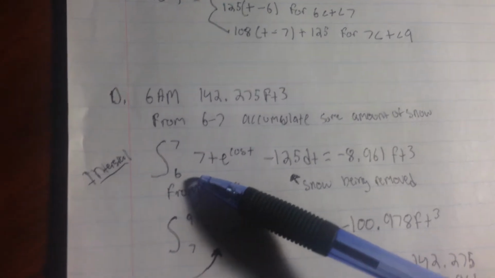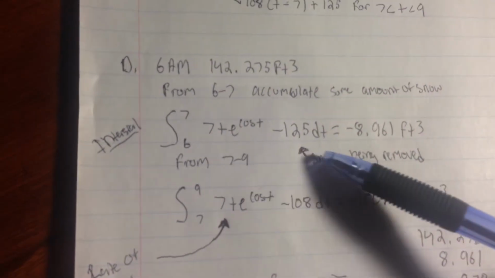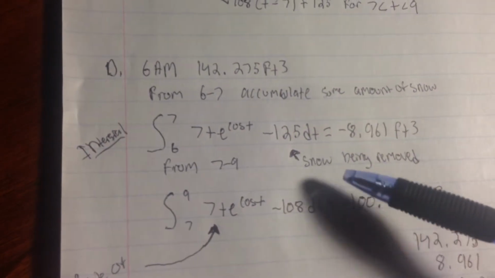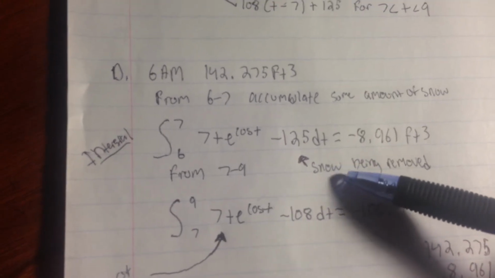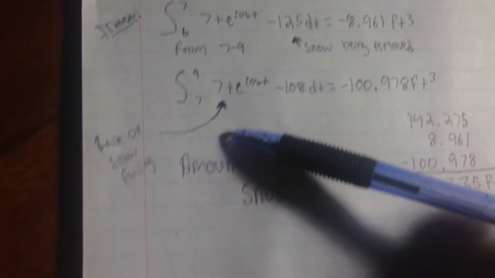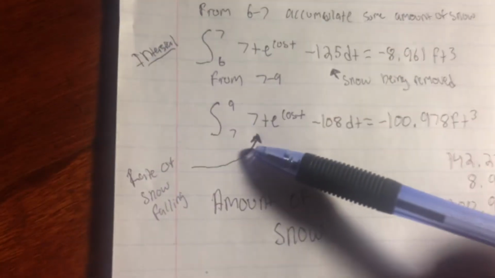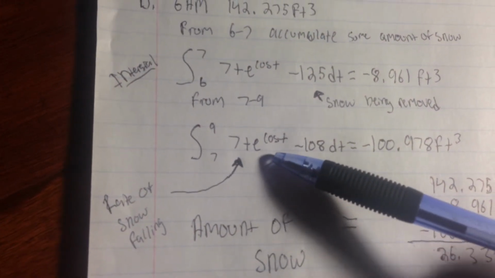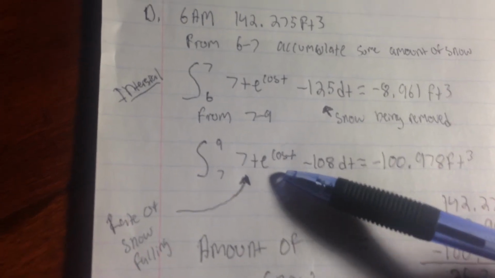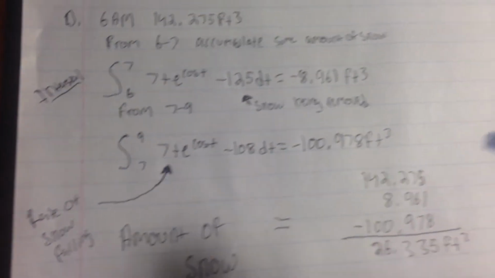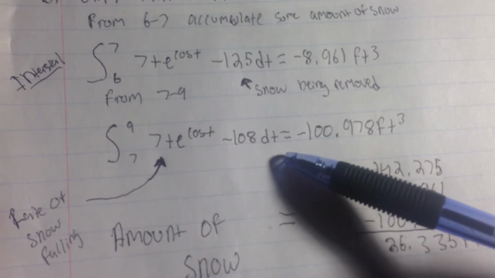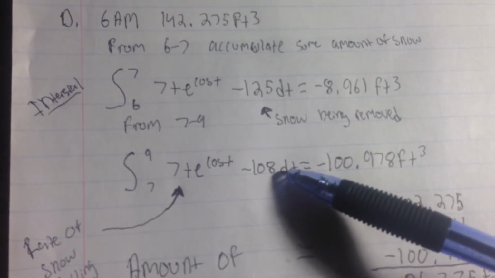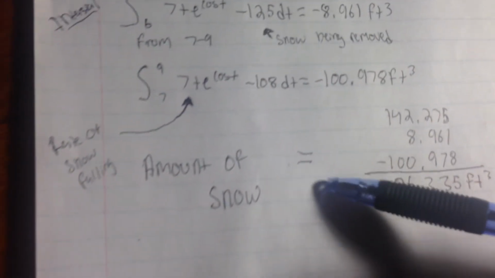You set up the same function, but from 6 to 7, minus 125, because that's the snow being removed at that hour. And then you set up another function from 7 to 9, which is this function right here, from where you get it from the first problem. And you have to minus it by 108, because at that hour, that's how much is being removed.